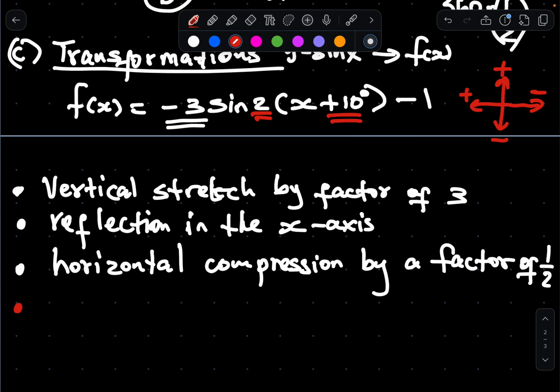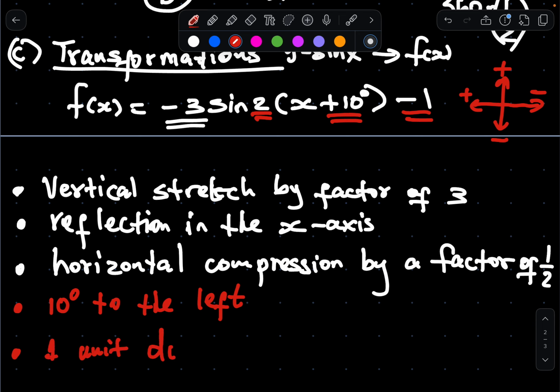So we'll just say 10 degrees to the left. Then the last one, up and down is the Q. Q takes you up and down. So we went 1 unit down because it's a minus.